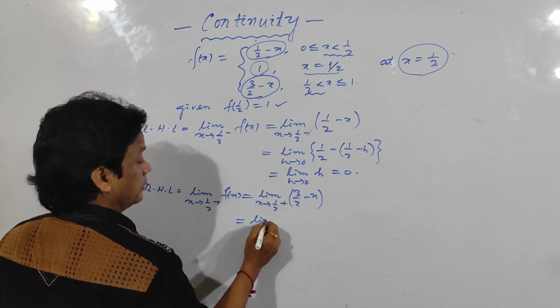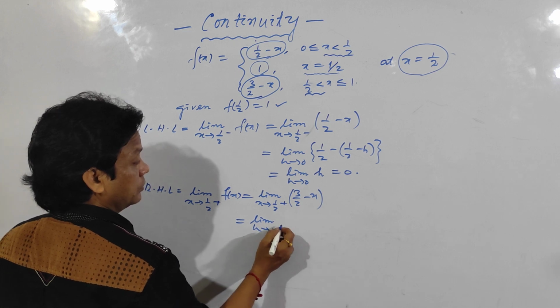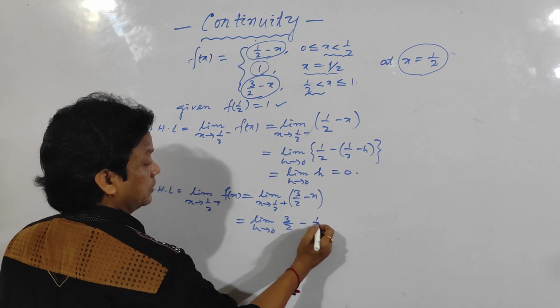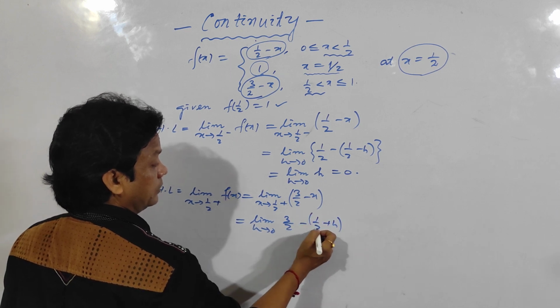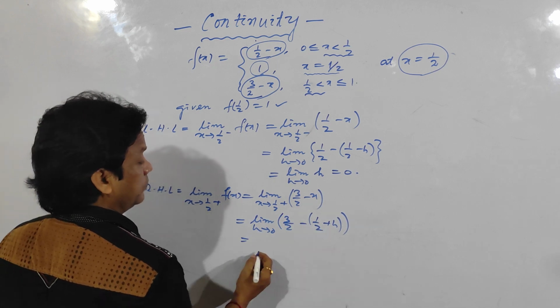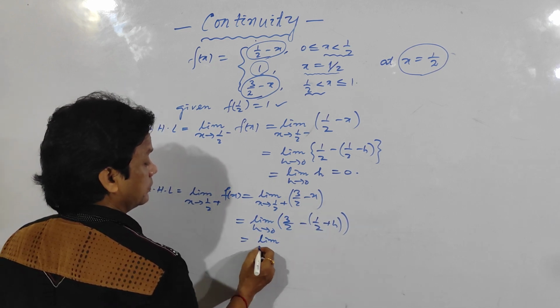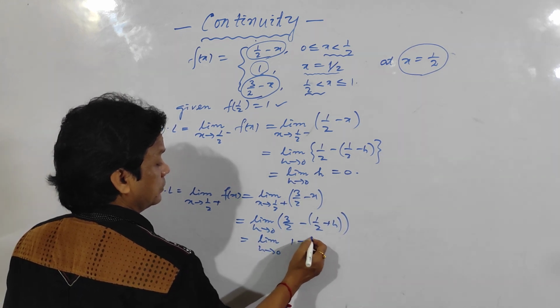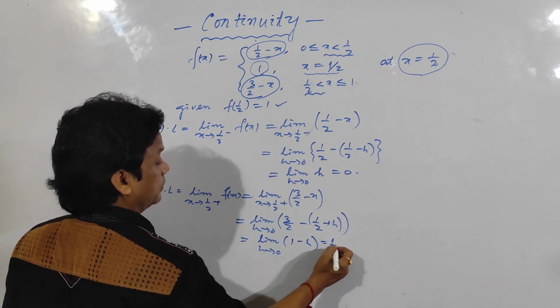So it is limit x tends to 0, 3 by 2 minus, in place of x write half plus h. Half plus h, put a bracket here, then another bracket here. So 3 by 2 minus 1 by 2 is 1 minus h. So if you put h is equal to 0, it will become 1.